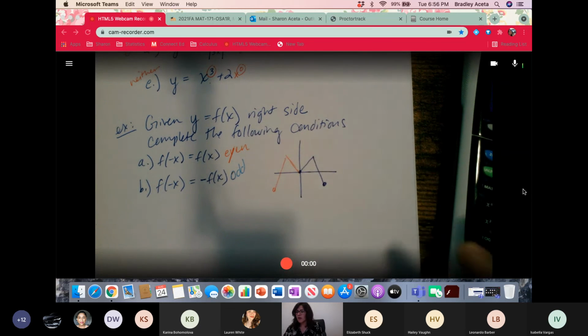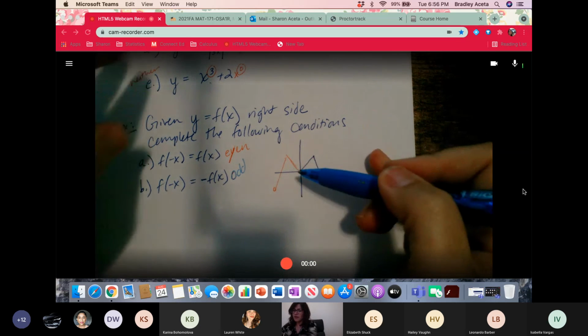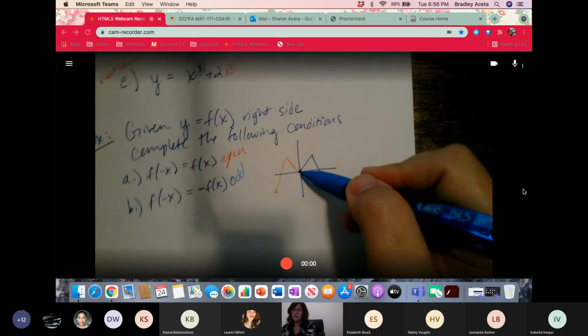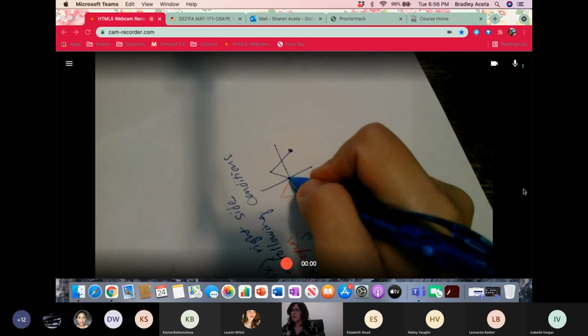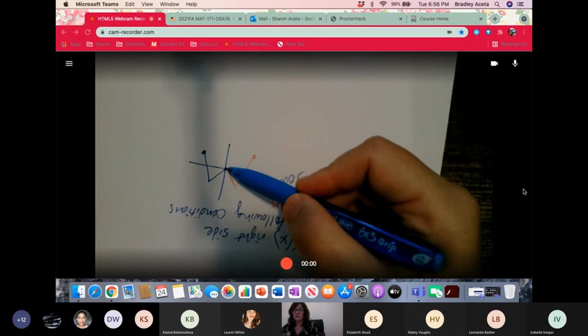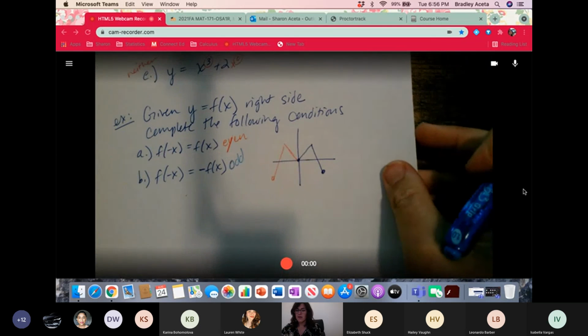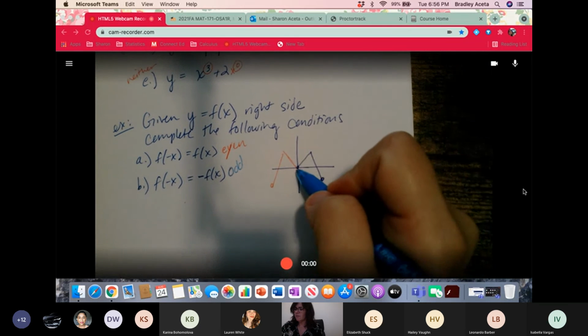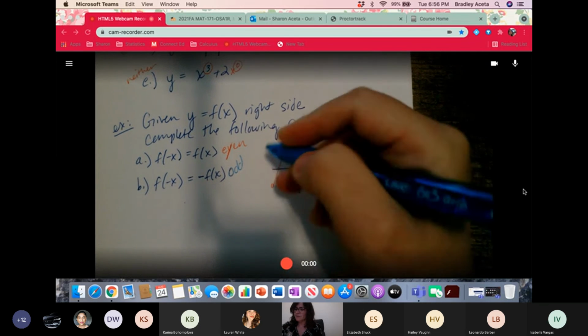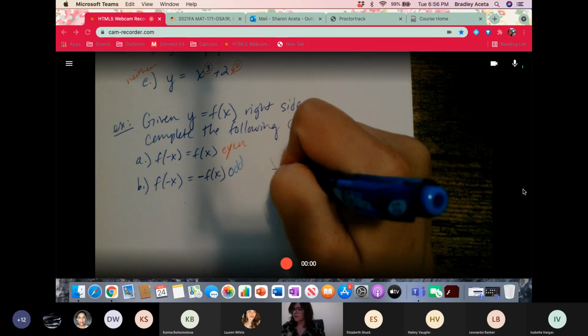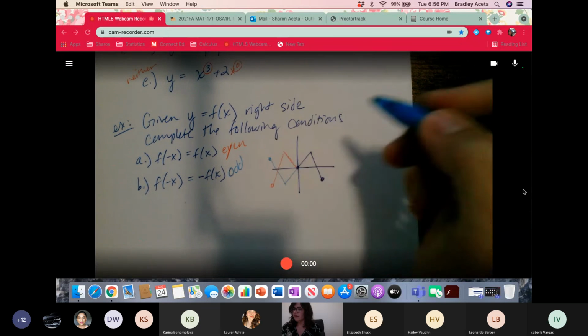Okay. So odd, I know this is weird, but odd is, again, you put your pencil here. If you turn it upside down, it would look like the original function. So odd would be like this. Let me see if I can draw it. Yes.